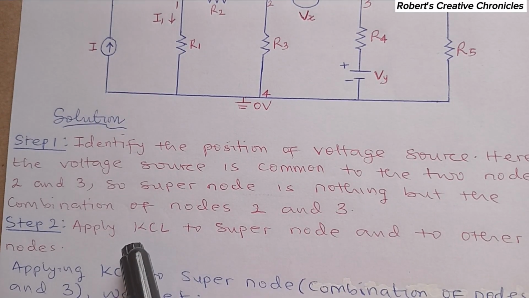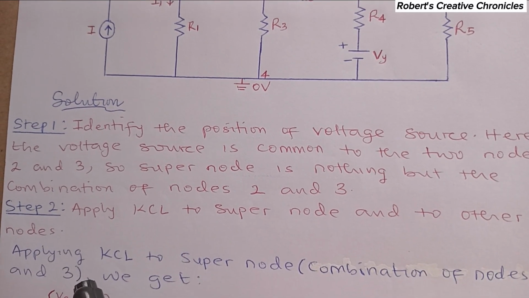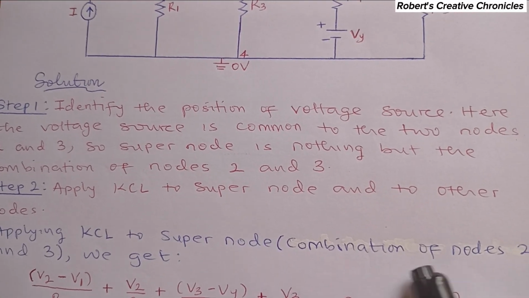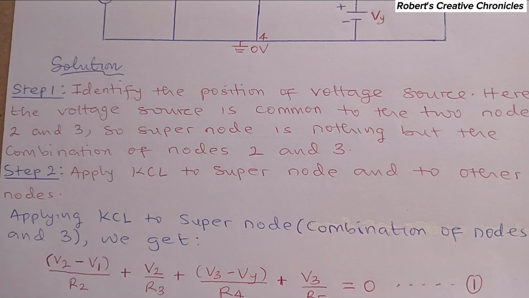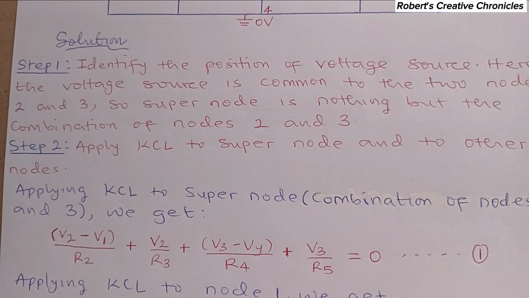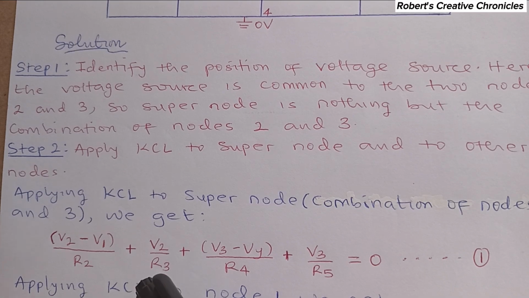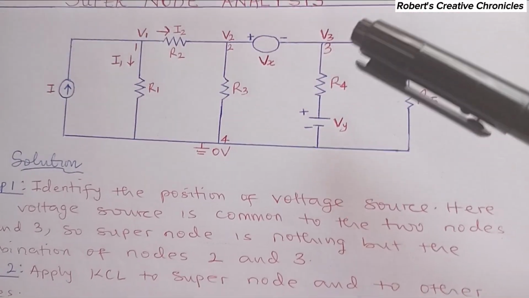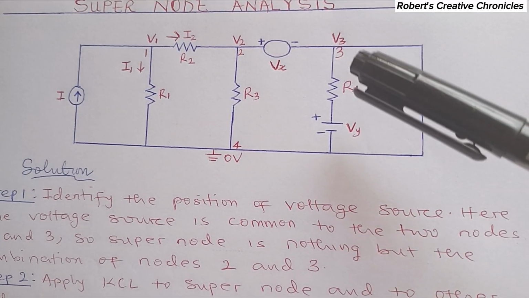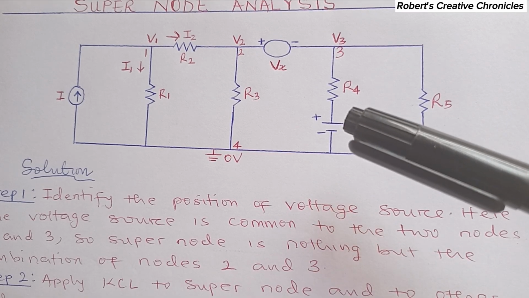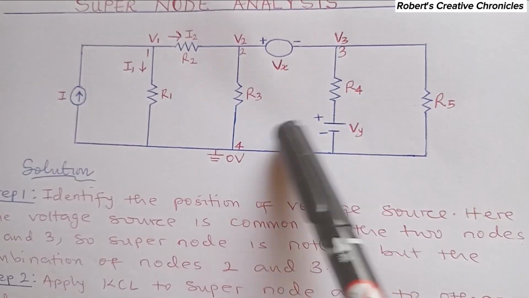So the second step: apply KCL to the supernode and to the other nodes. Applying KCL to the supernode, that is the combination of node 2 and 3, the first thing you consider is the voltages of this supernode.